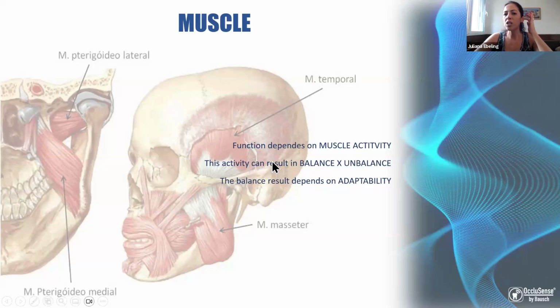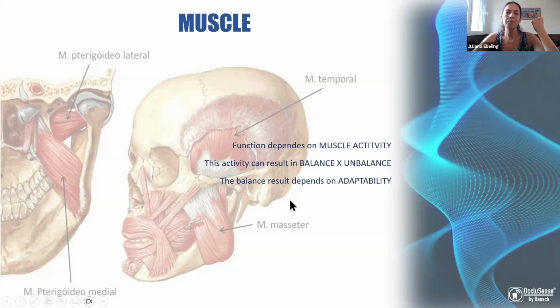All the functions of the system depend on muscle activity, and this activity can be balanced or unbalanced. It depends on how the teeth contact distribution is, how stable these contacts are, and how intense they are. Many factors can influence this muscle activity and result in balance or imbalance.